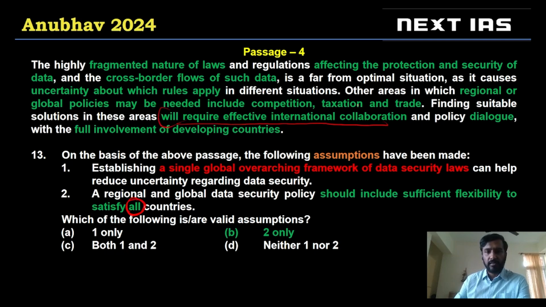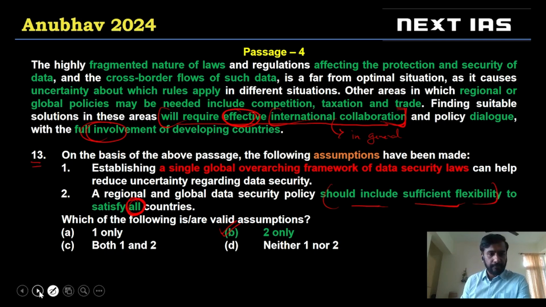International collaboration here is talking about international collaboration in general, meaning applicable to all, and it should include sufficient flexibility because it should be effective and it should have full involvement of all countries. So B is the correct choice for question number 13. B is a valid assumption. All right.